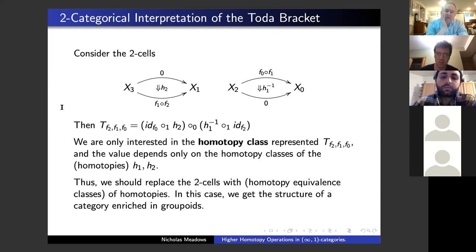Because the way you get a 2-1 category is you look at categories enriched in categories, no, that's a regular 2-category. So we get the thing you refer to as a 2-1 category by looking at category objects in groupoids, or maybe it's the reverse. I like the way you read it: categories enriched in groupoids. That makes sense. The two cells are only isomorphisms.